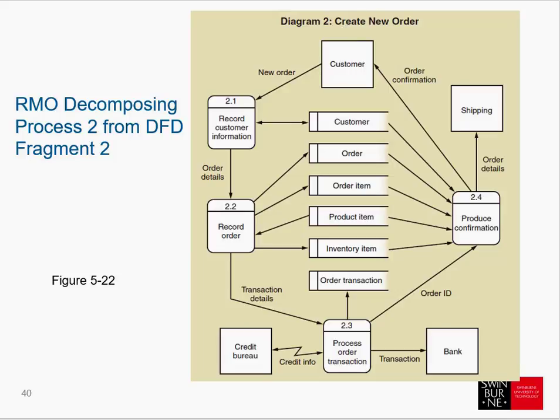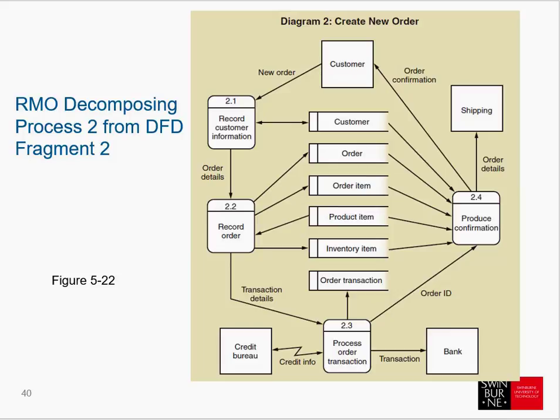So this is the inside of process number 2. These sub-processes are numbered 2.1, 2.2, 2.3, 2.4. But the numbering system, as I said, doesn't necessarily imply the sequence of sub-process execution. The diagram decomposes process 2 into 4 sub-processes.